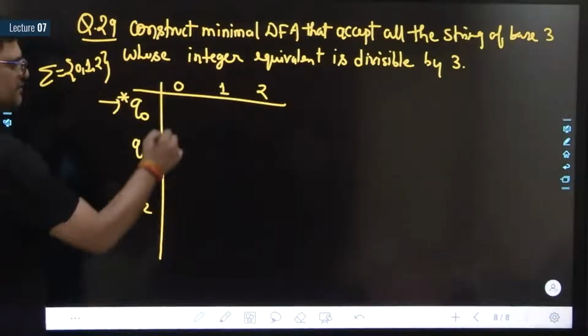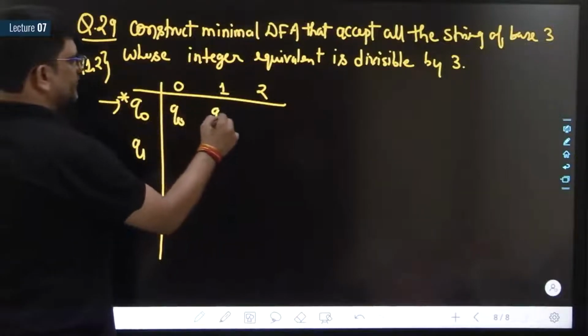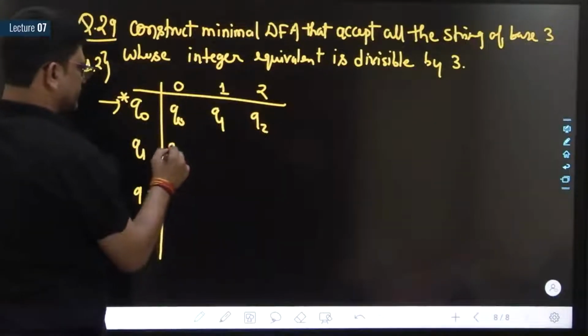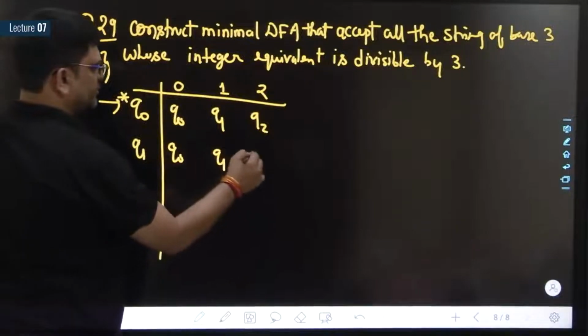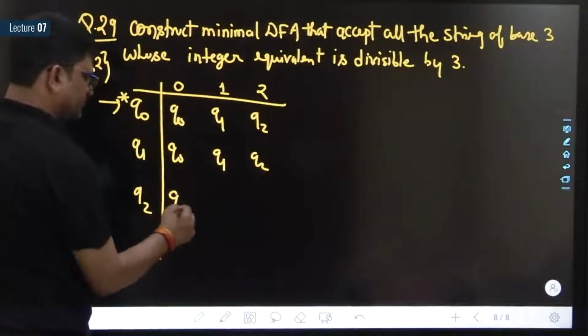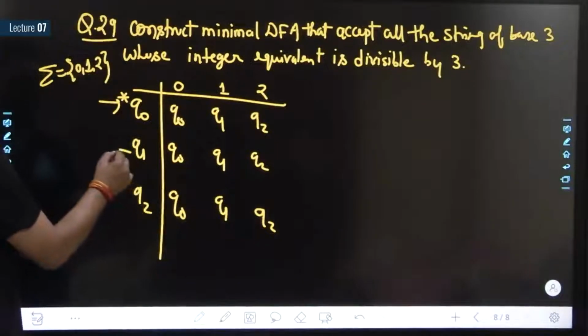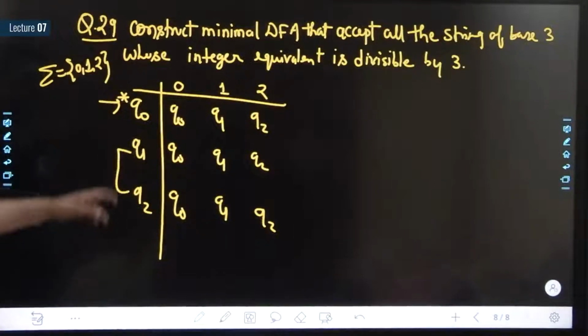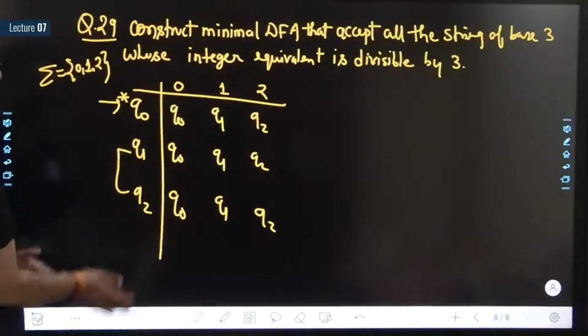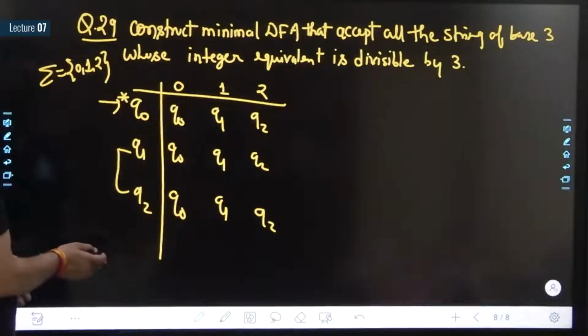This one. Write down Q0 Q1 Q2. These two states are the same. Merge these two states.